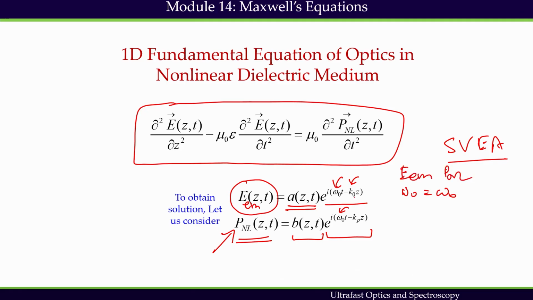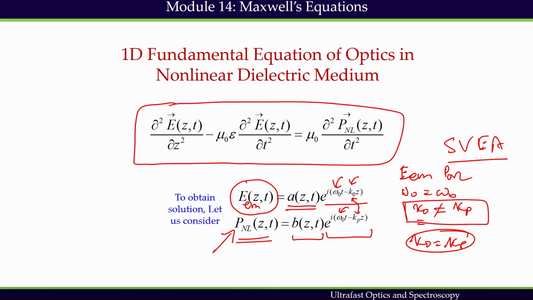But it may so happen that their phase, that is k naught and kp, can be different, and this is very common. If we have k naught equals kp, then we call the process phase matched, and if they are not equal, we call the process not phase matched.